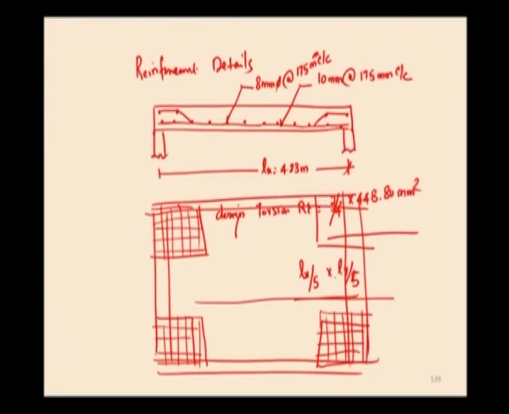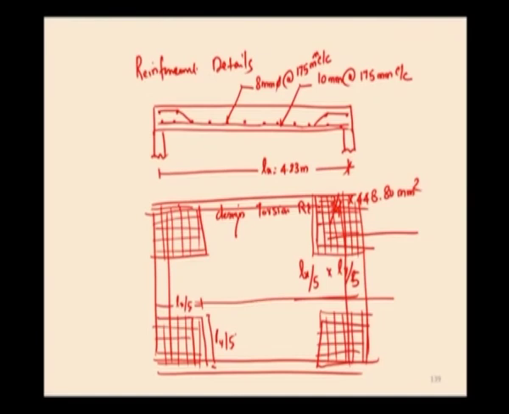That reinforcement is normally 3/4 of the maximum reinforcement used in the x direction. So, here this is Lx by 5 and this one is Ly by 5.